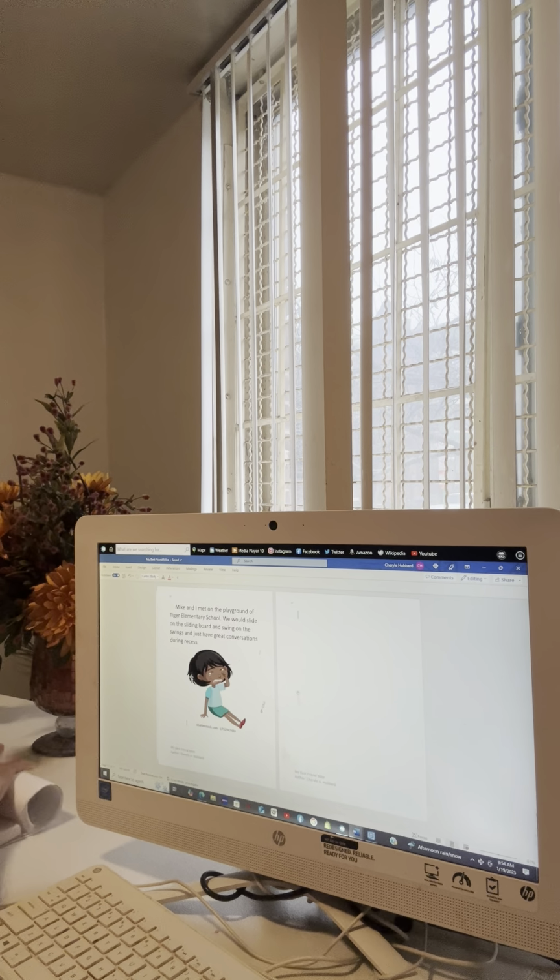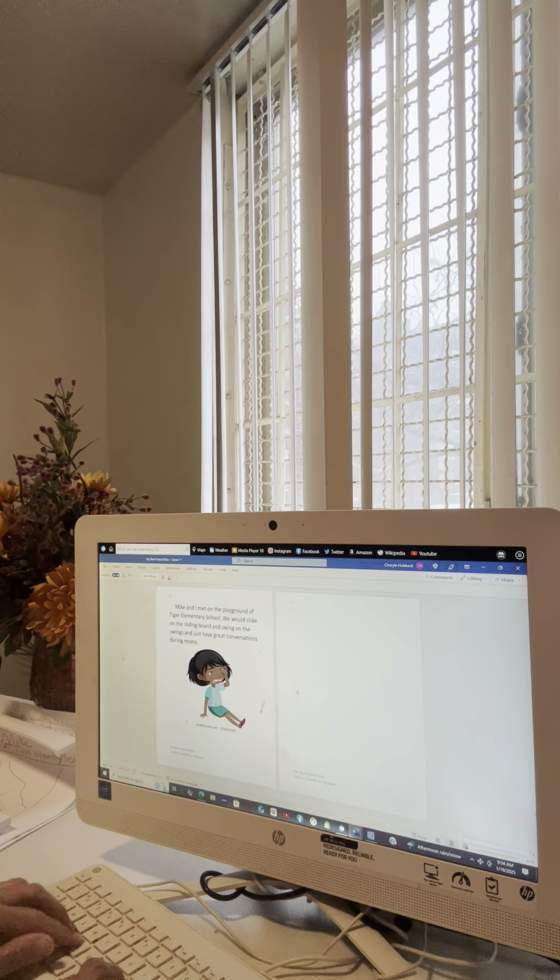Okay, so I just want to show you a little bit of how I create my books. I write them out myself, and then I type them up. This is where I left off yesterday. So what I do, I type up whatever I want on a particular page. Then I put my picture in, my little cartoon character.